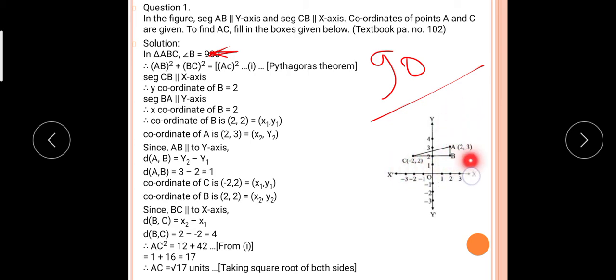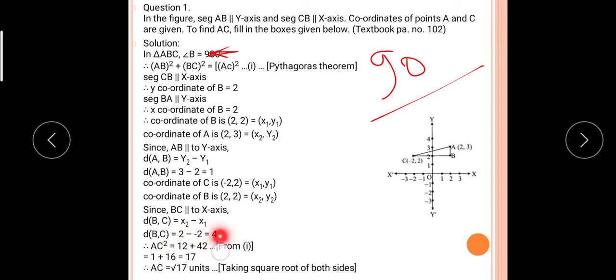If CB is parallel to the x-axis, its y-coordinate is the same, so the distance between C and B is the difference between the x-coordinates. On that basis, the distance AB is 3 minus 2, that is 1, and the distance BC is x2 minus x1, that is the difference of the x-coordinates. Therefore, the distance BC is equal to 4.